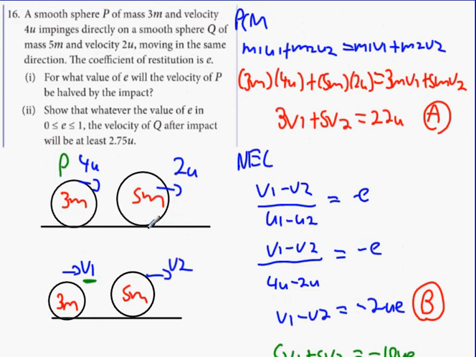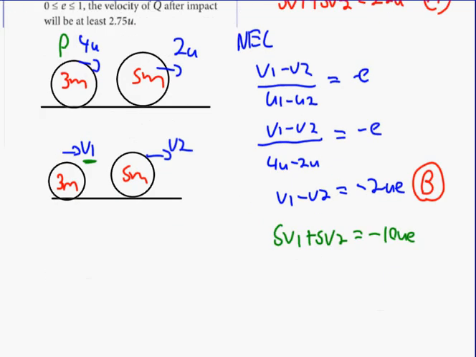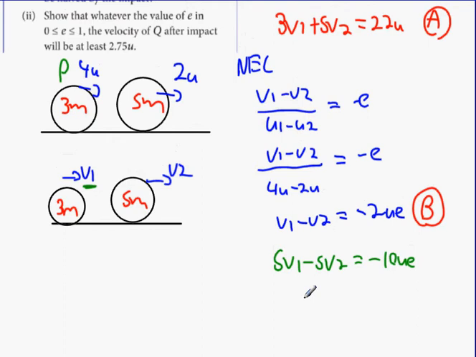Is there a minus in between the v's on the green one? There is, yeah, you're right, because I multiplied that one by 5. Thank you. And the top equation is 3v1 plus 5v2 equals 22u.